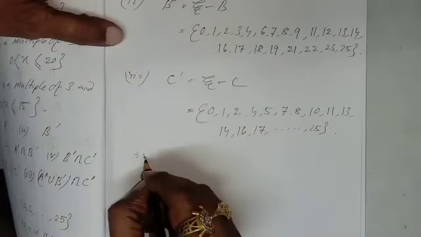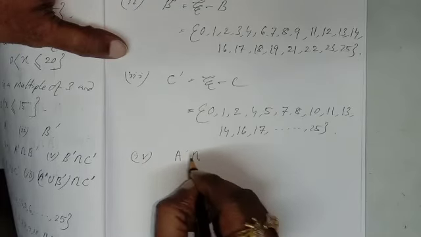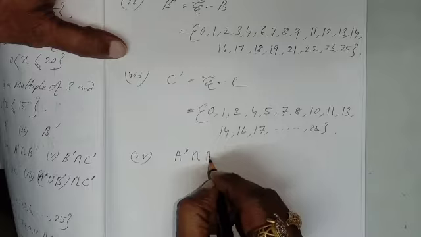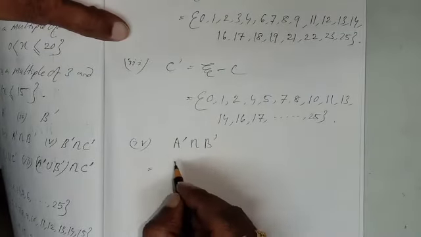The fourth part, you see they are asking to find A complement intersection B complement. First of all, A complement is already written here.